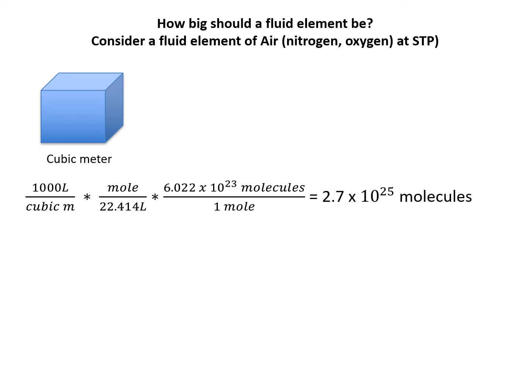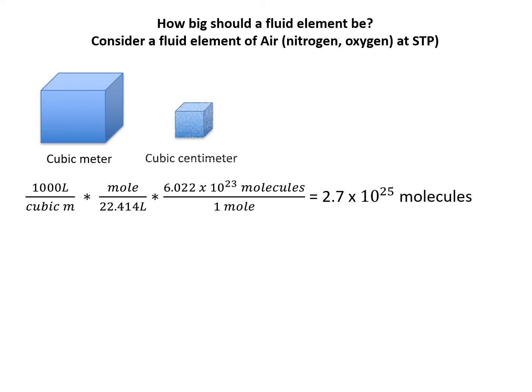And there are 22.4 liters in a mole for an ideal gas. So 1 mole is going to take up a space of 22.4 liters. And there's Avogadro's number in 1 mole, so that's 6 times 10 to the 23 molecules in that mole, which gives you, in that cubic meter, 10 to the 25 molecules. Okay, so that's a ton. That's more than enough to be statistically significant for whatever you're measuring or computing.